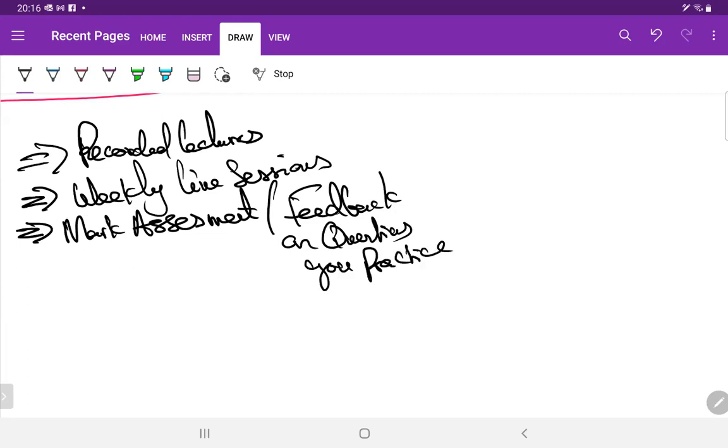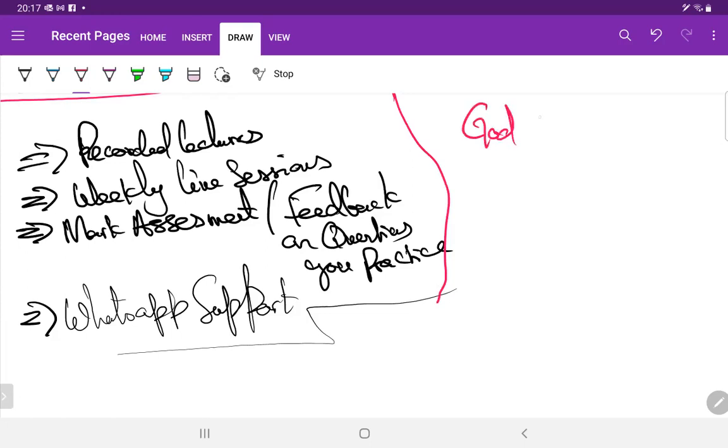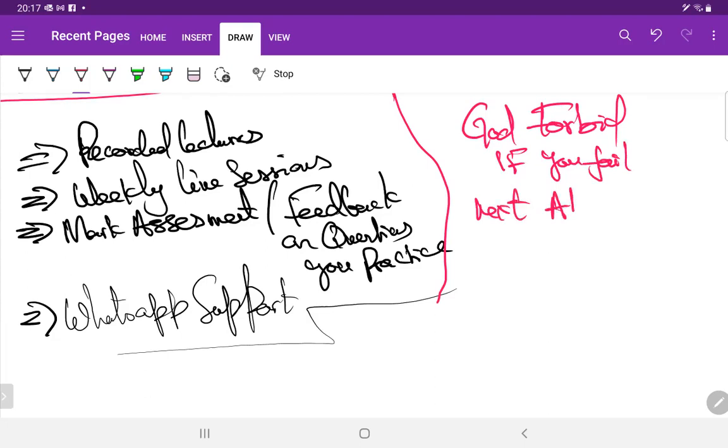What else will you get? WhatsApp support, and God forbid, if you fail, next attempt is free for you.